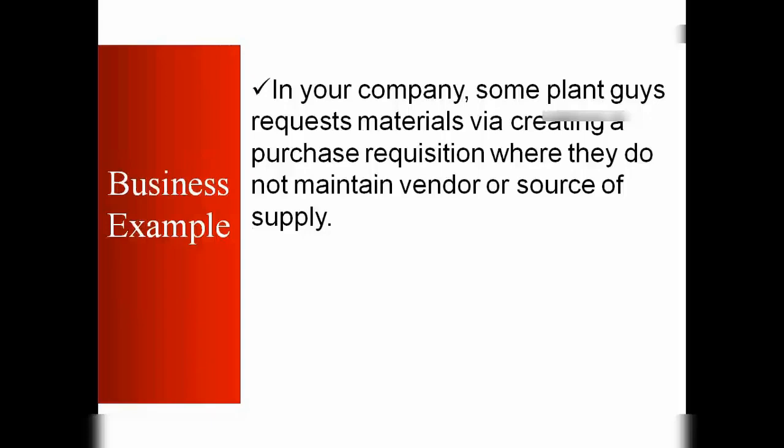But when they create it, they have no idea who is the right vendor or where we should be getting this procurement from. So in that case, they create the purchase requisition, but they do not assign it a vendor. That's the first scenario.